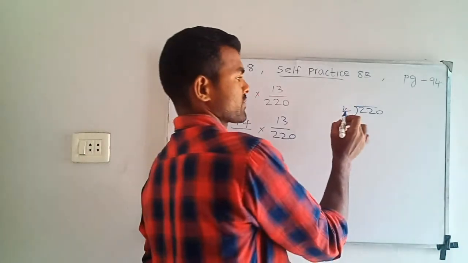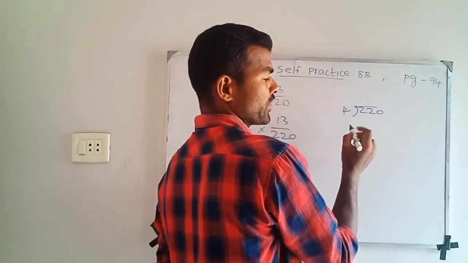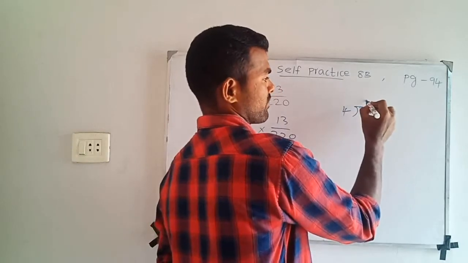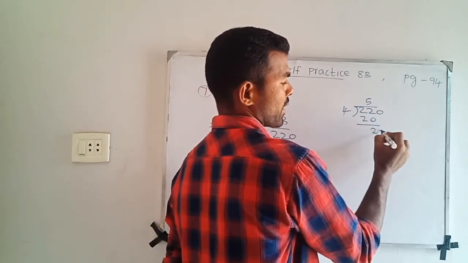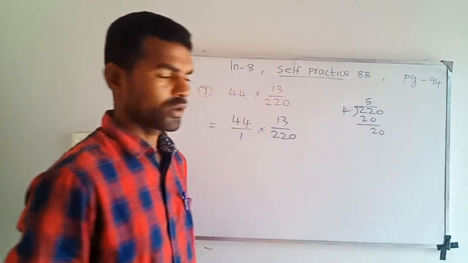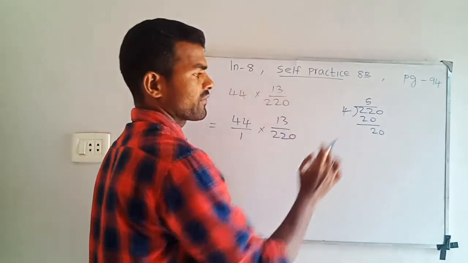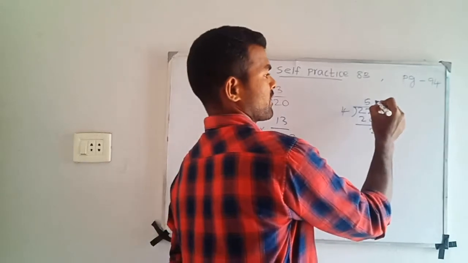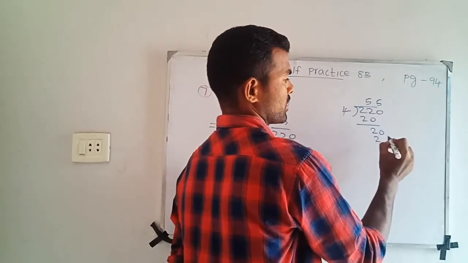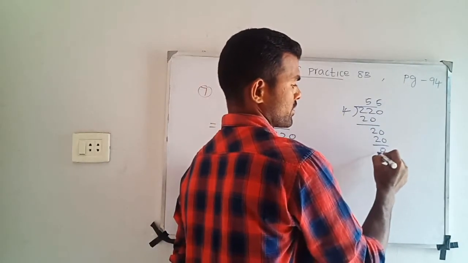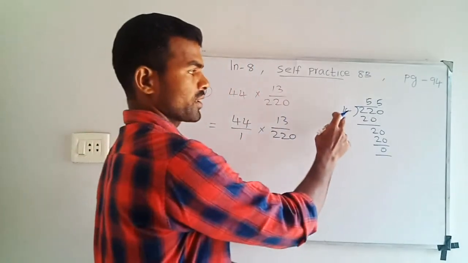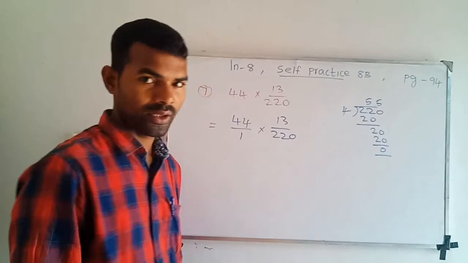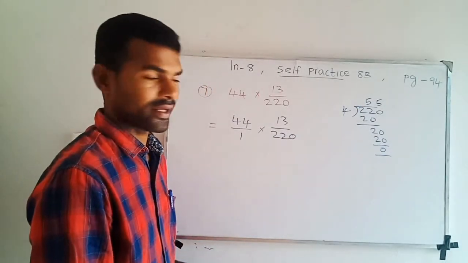In 22 you can divide 5 times: 5 4s are 20, remainder 2, and this 2 carries. So 20 divided by 4 is 5 times, remainder 0. So now we can say that 4 is a factor of 220. Yes, it divides exactly.